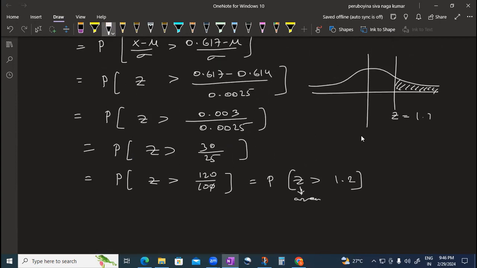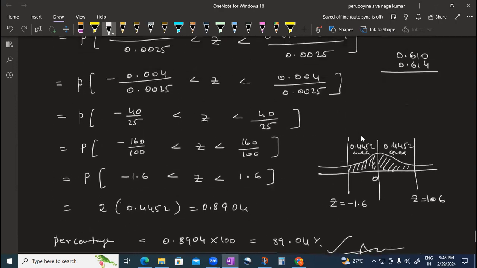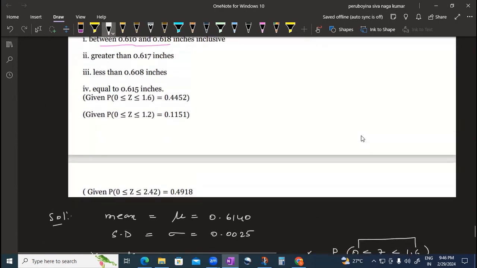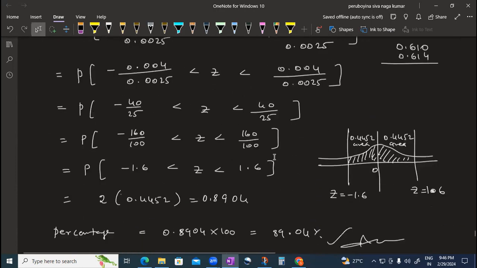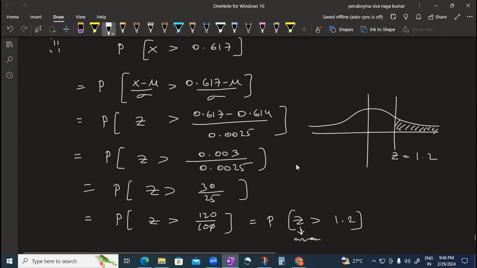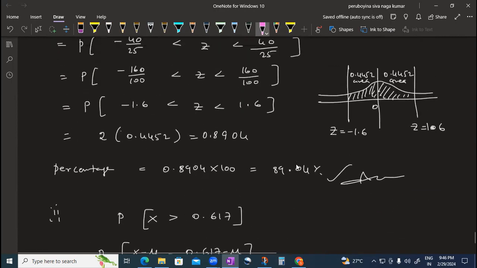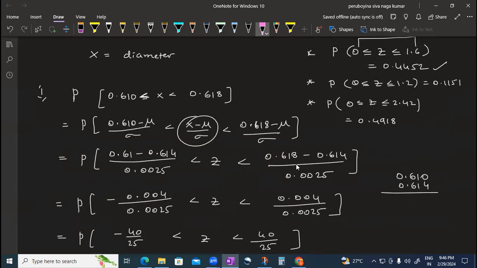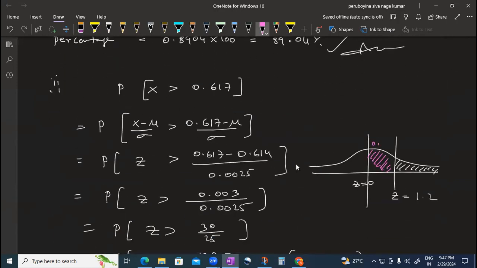Sorry, 1.2. So from 0 to 1.2, the area given is 0.1151. From 0, from here to here, this area was given. How much? 0.1151.